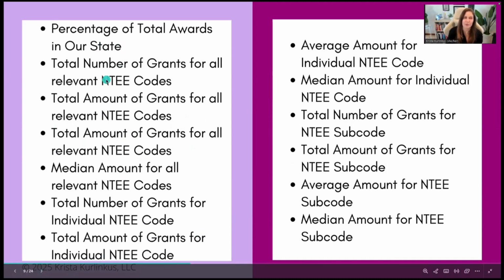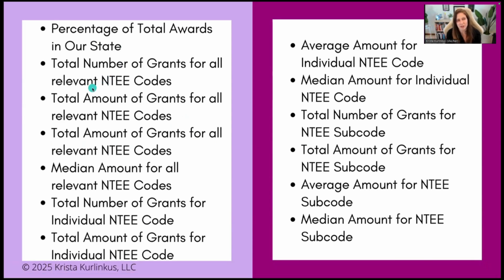So we're looking at things like percentage of total awards in our state, number of grant codes for all relevant NTEE codes. Those NTEE codes are how Instrumental organizes the data and categorizes everything. So we try to match ours up with what is most relevant in there. And then we look at even median amount, total amount of grants.